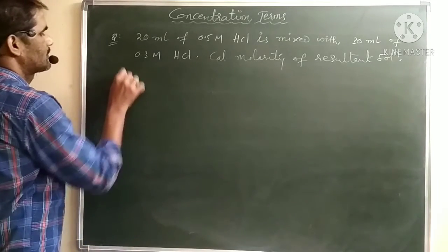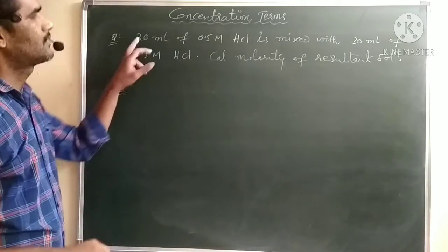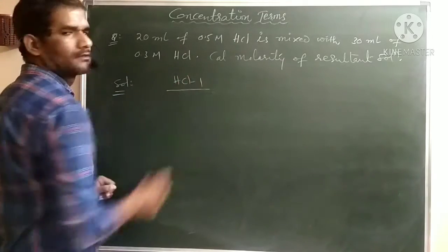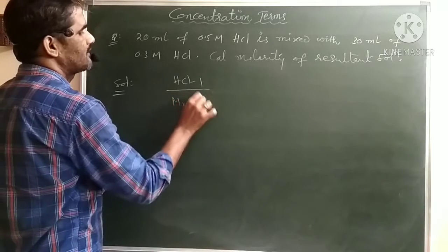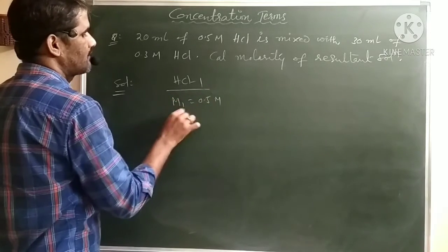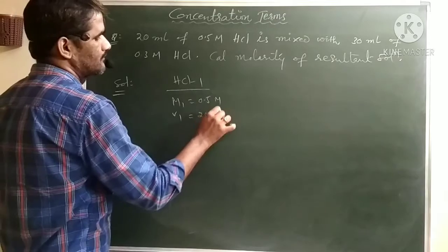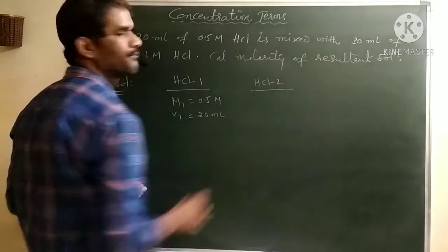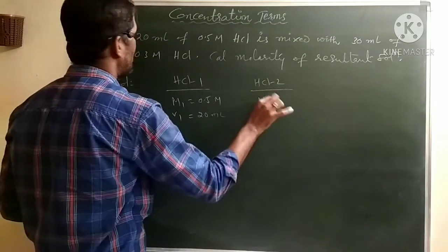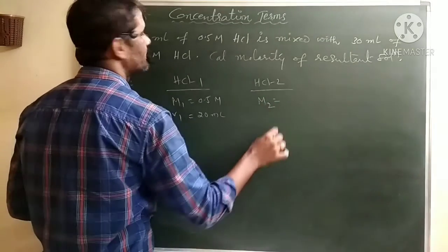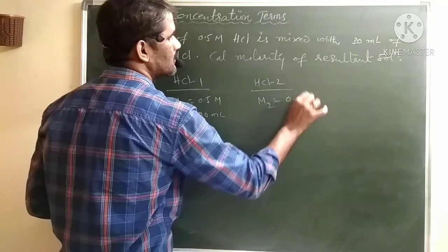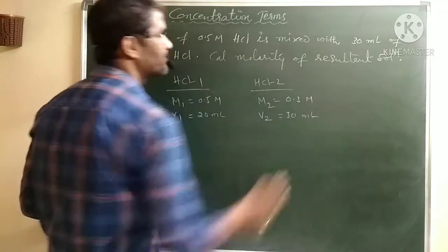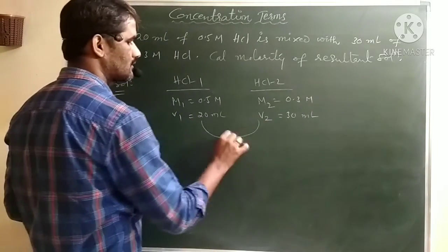How to calculate? Initial one is HCl solution 1, so molarity M1 is given as 0.5 molar and V1 is 20 ml. Similarly HCl solution 2: M2 is 0.3 molar and volume V2 is 30 ml. Now we are mixing together.